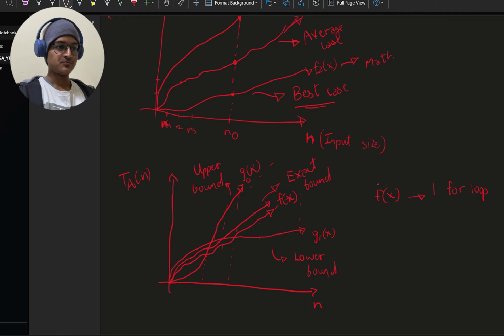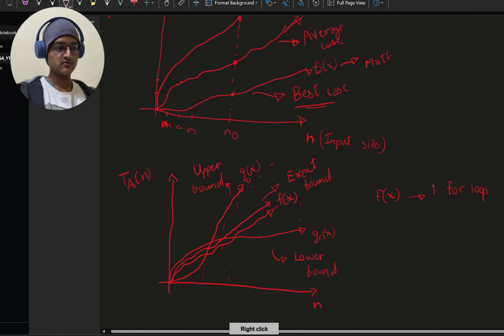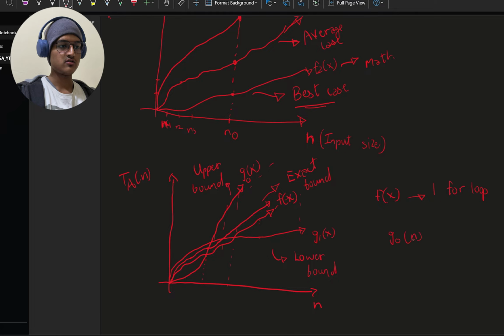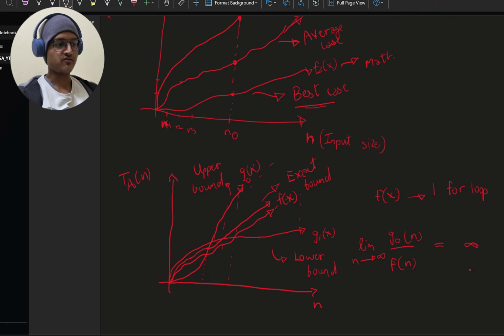For example, if I look at the specific value of g0 n upon f of n, that is, on input size n, the ratio of g0, my upper bound function, to the function I am checking, at limit n tending to infinity, the ratio of g0 at n and f at n, where n tends to infinity, is equal to infinite.